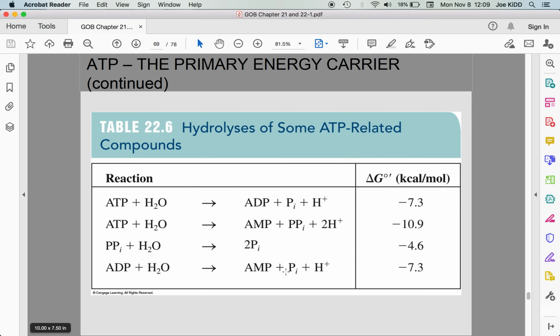And ADP could also be broken down into AMP as well. So you can see the large releases of energy that occur here. Going from ATP to AMP releases 10 kilocalories of energy per mole, but in addition to that, you will get almost another 5 kilocalories of energy when this double phosphate is broken down even further.